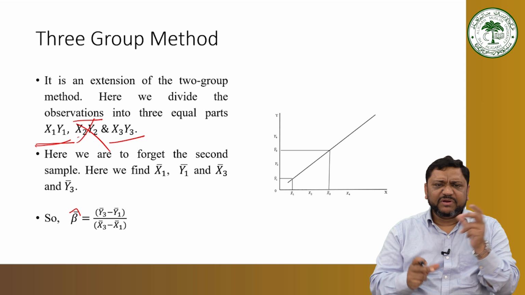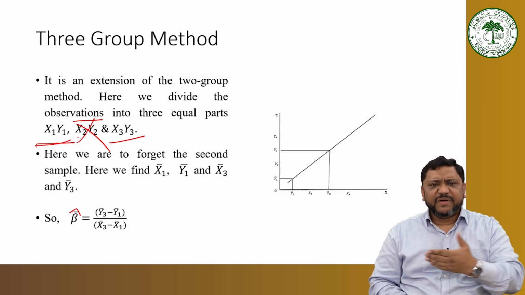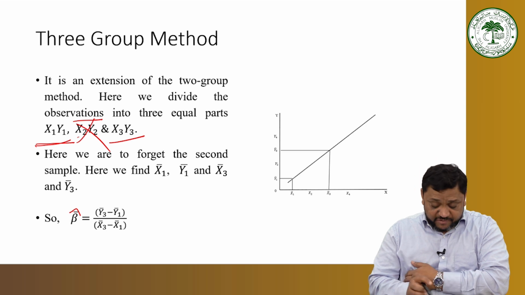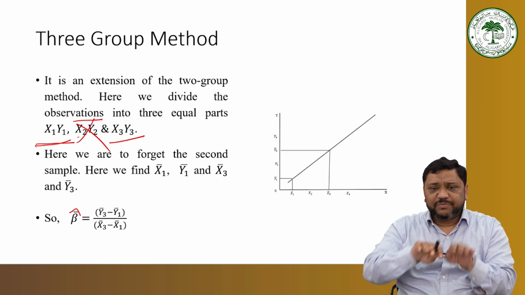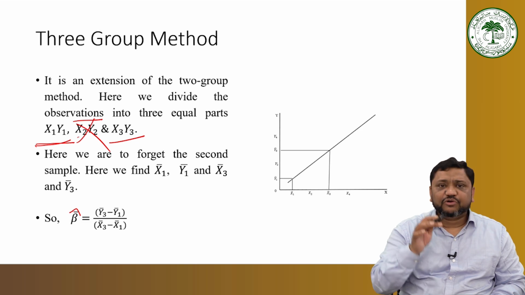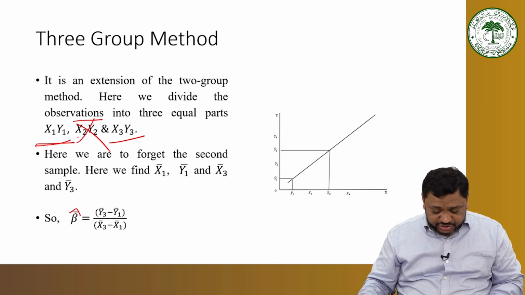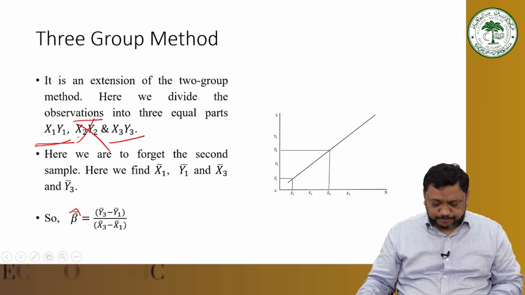If it is two samples, we simply do y2 minus y1 divided by x2 minus x1. When it is a three sample, we divide into three parts, ignore the middle one, and your value of beta hat is equal to y3 bar minus y1 bar divided by x3 bar minus x1 bar.